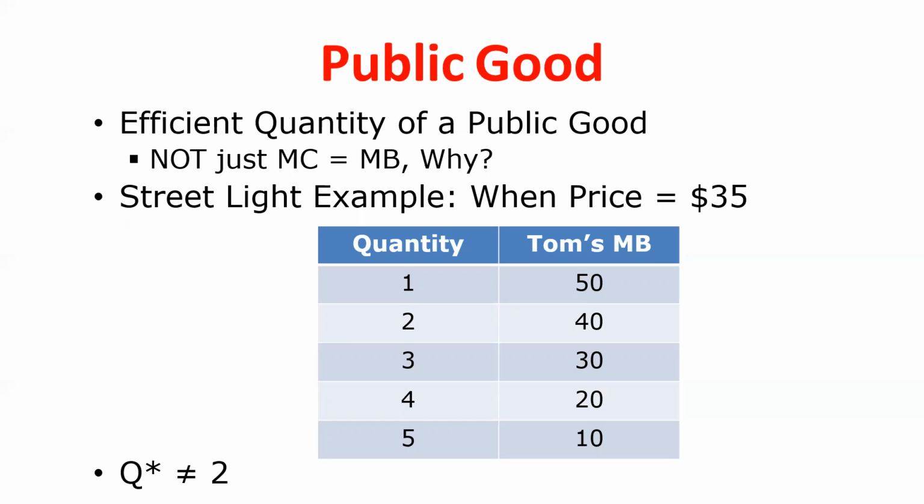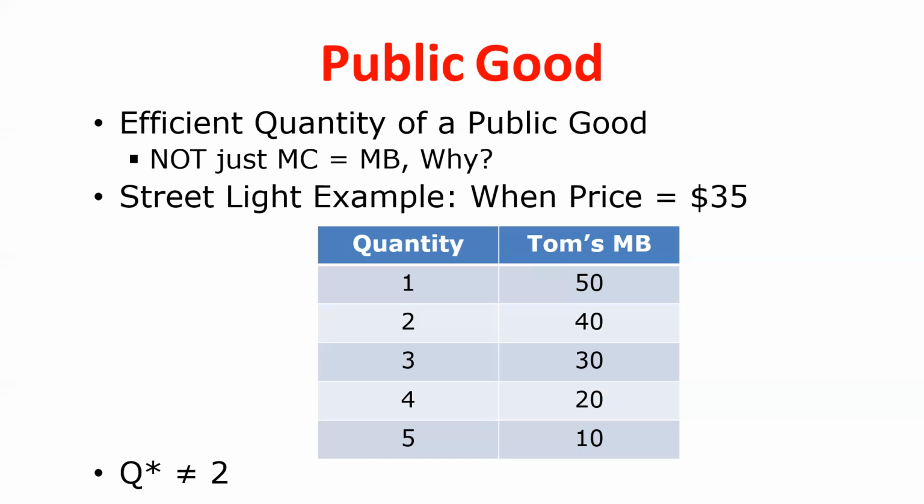It's declining, right? Having one street lamp provides a lot of benefit, having light on your street. The second one, yeah, it's nice to have more light. You can see more at night, but it's not as beneficial as that first one. And then as you start adding more and more, each one has a little bit less benefit. Eventually you get to a point where everything's so light that adding another street lamp doesn't really provide any additional benefit.